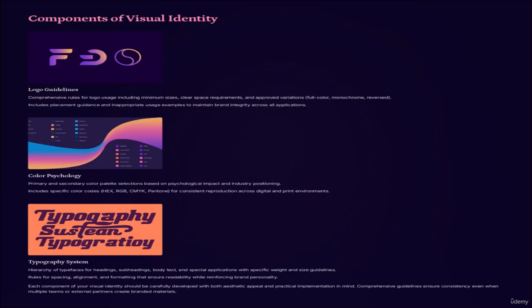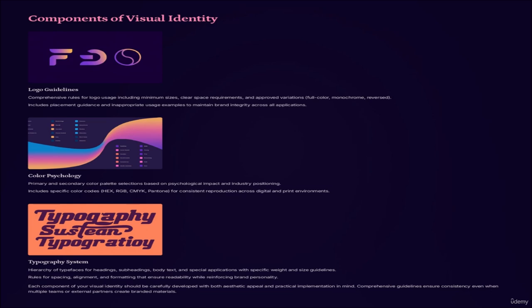Components of visual identity: logo guidelines, comprehensive rules for logo usage, including minimum sizes, clear space requirements, and approved variations. Full color, monochrome, reversed, includes placement guidance and inappropriate usage examples to maintain brand integrity across all applications.